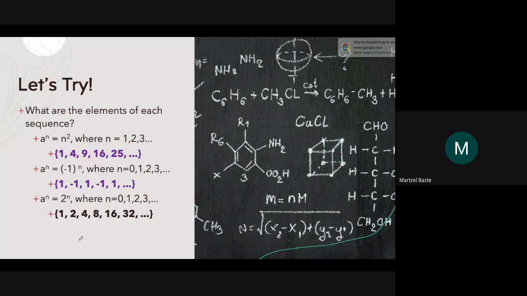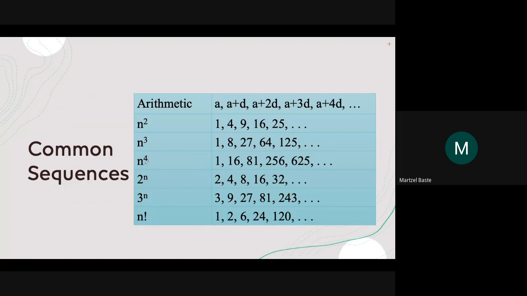So, now, some common sequences are the following. There is this arithmetic sequence wherein D represents the common difference. So this one is A plus 0. It doesn't matter because any number added by 0 is still the same number, so you will still arrive at the same result.